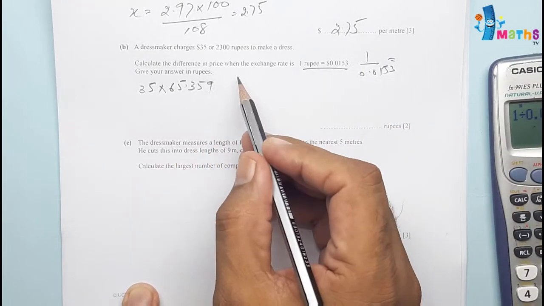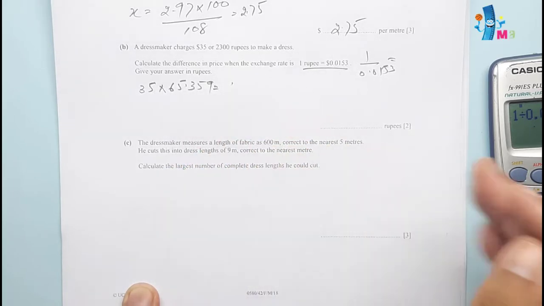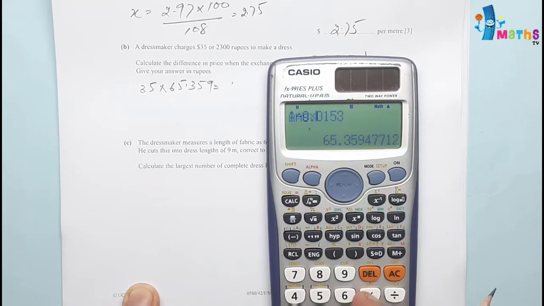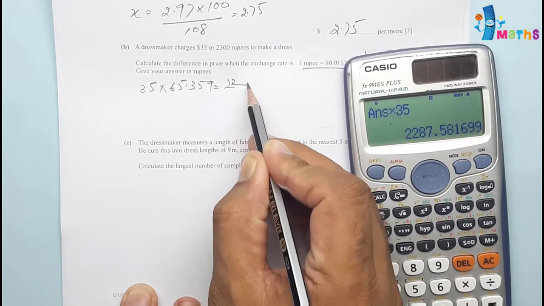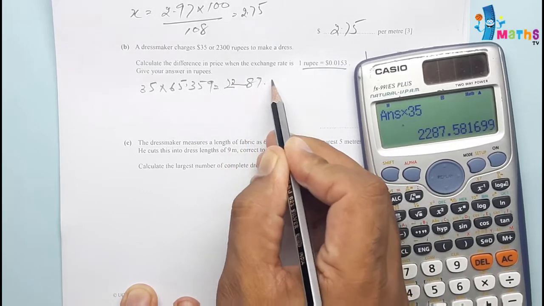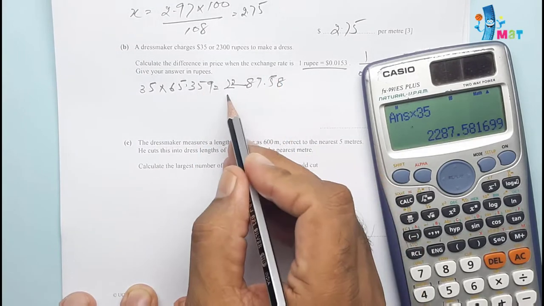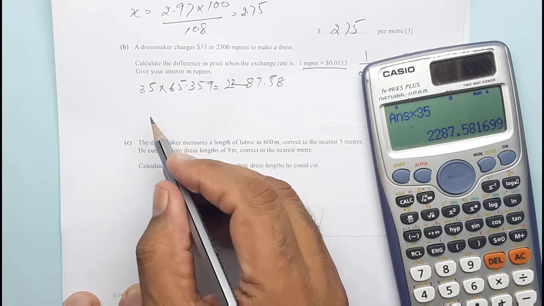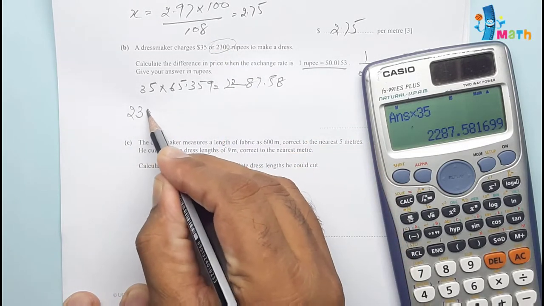So if we multiply these two, and multiply by 35, this will be equal to 2,287.58. So this is in terms of rupees. We have converted dollars by this conversion ratio, and this is the other amount which is 2,300.